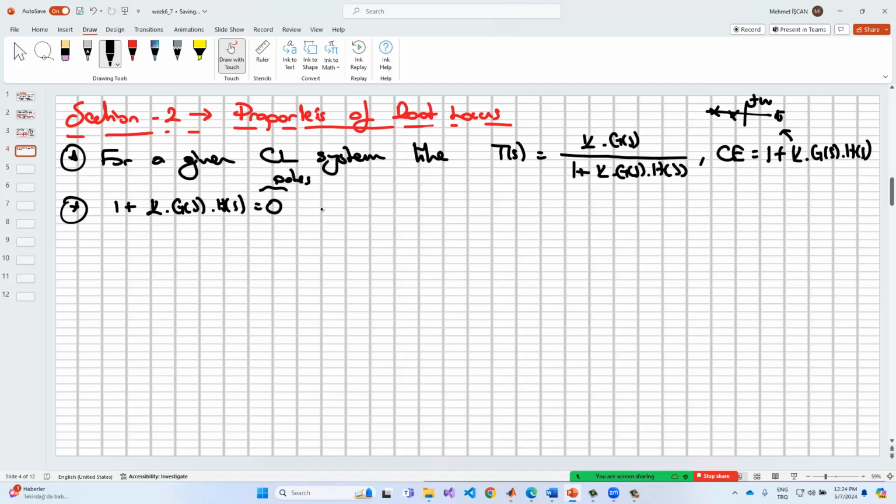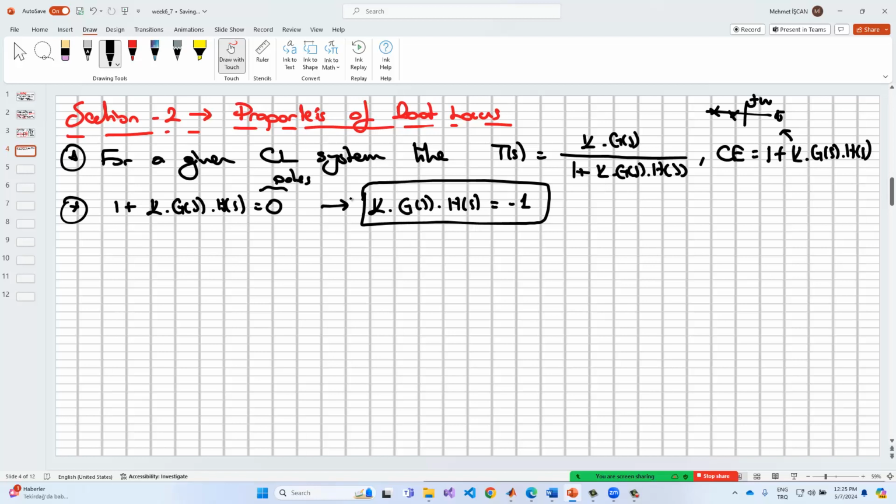So we can deduce that the term K G(s) H(s) must be equal to what? Minus 1. This is our second deduction coming from these terms.